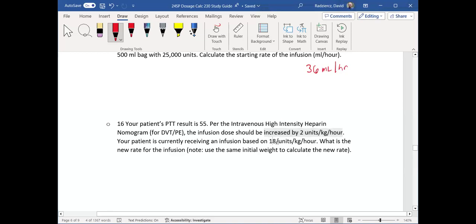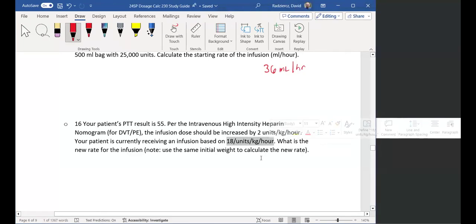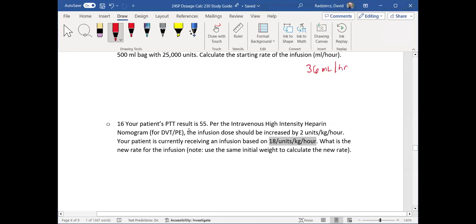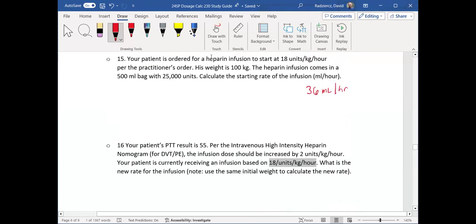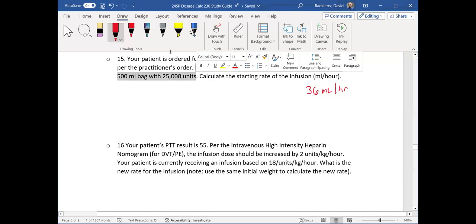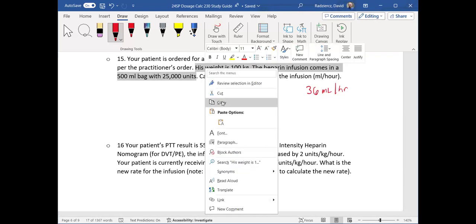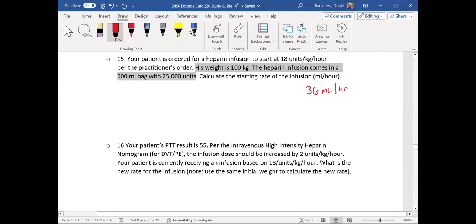The initial infusion was 18 units per kilogram per hour. And then the question says, what is the new rate for the infusion? And use the same initial weight. So if we're talking about the same initial weight, the 100 kilograms, this is what this is referencing. Okay, so, and I'll just add this here. And then go ahead and get an answer.